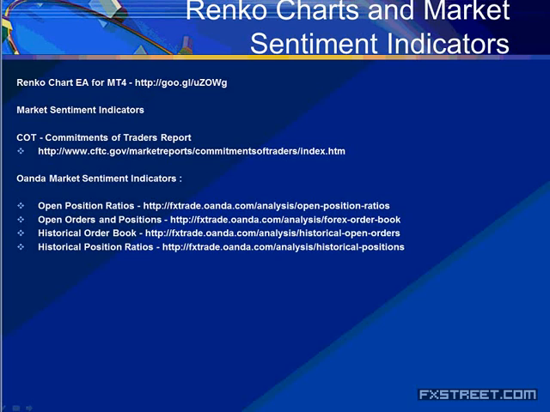These are the links for those reports. You can see the links and explanations in the past 2 webinars too. So today I'm going to show how we can combine the Renko bar charts and the market sentiment indicators so we can define good spots to enter.